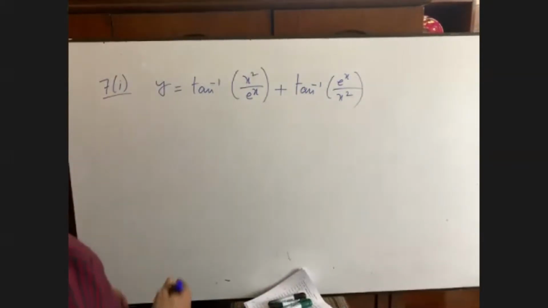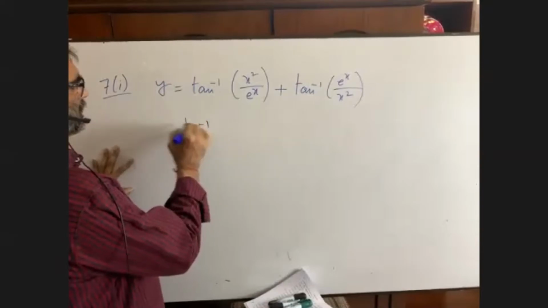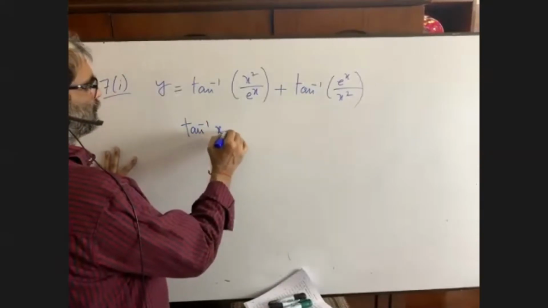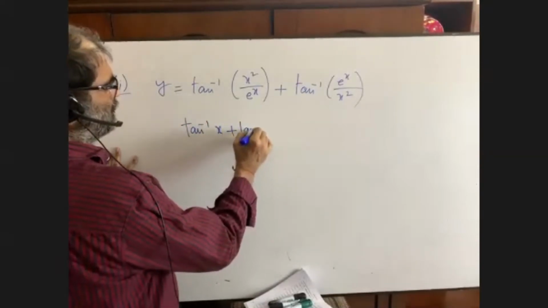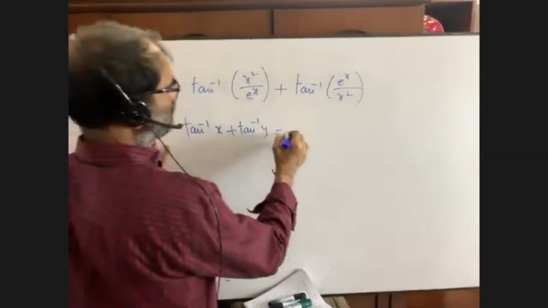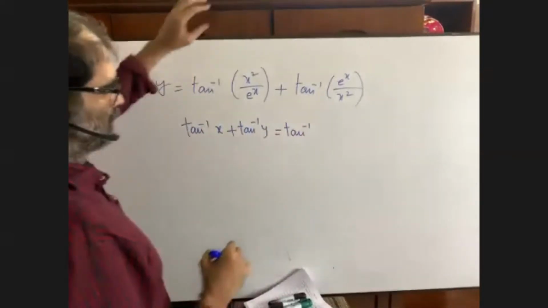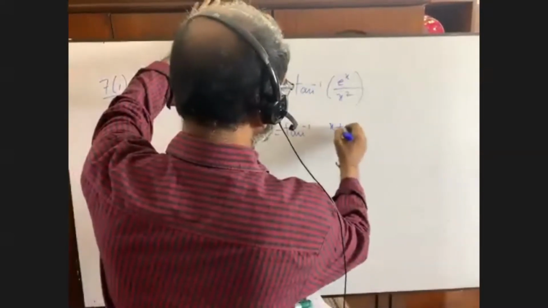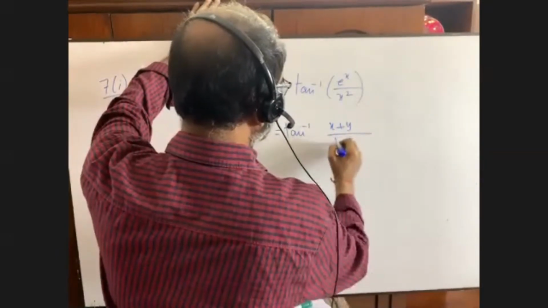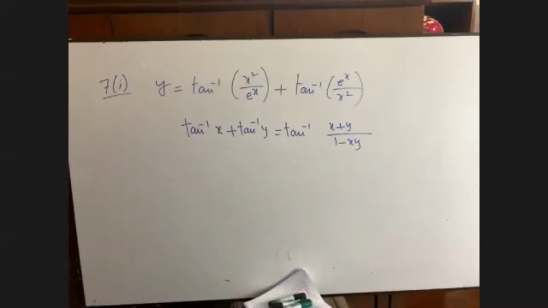Write down the formula, all of you. tan inverse x plus tan inverse y is equal to tan inverse x plus y by 1 minus xy. It is another formula.